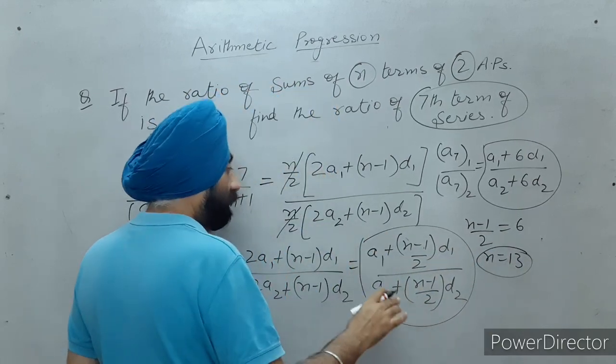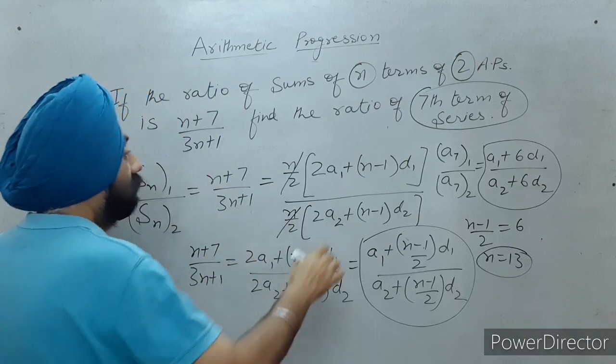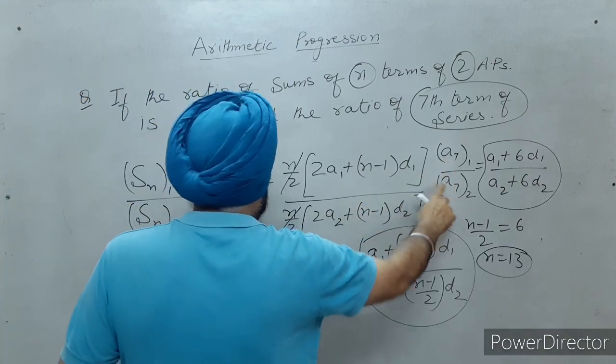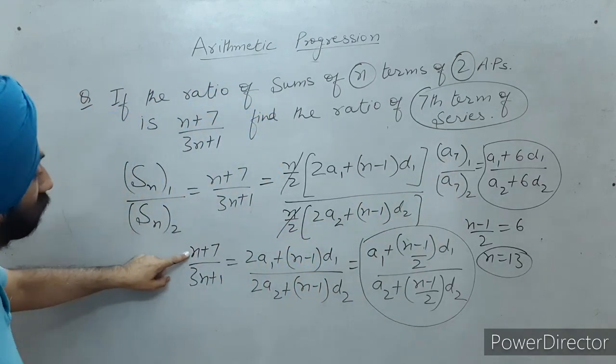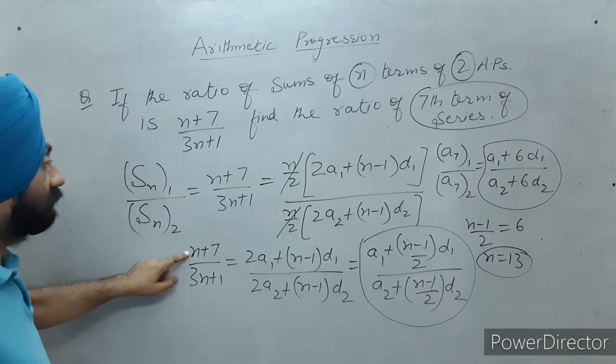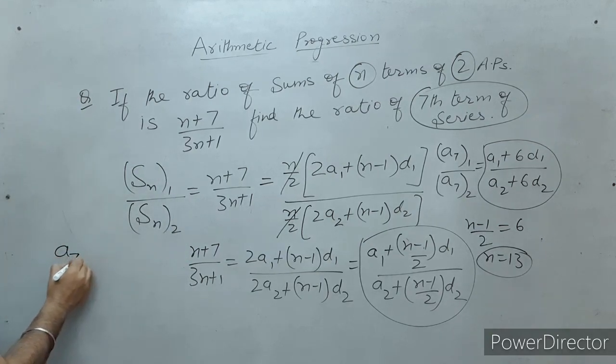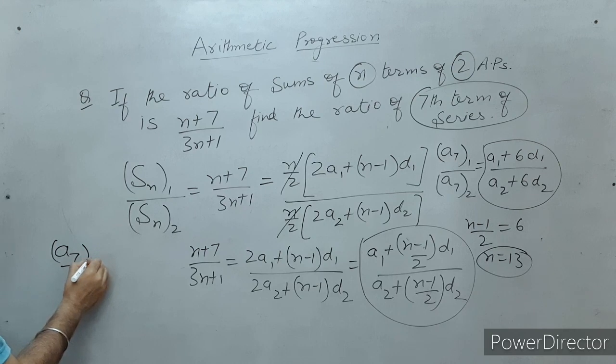Okay? If n is 13, then I can now find the ratio of the seventh terms by just substituting the value of n over here.